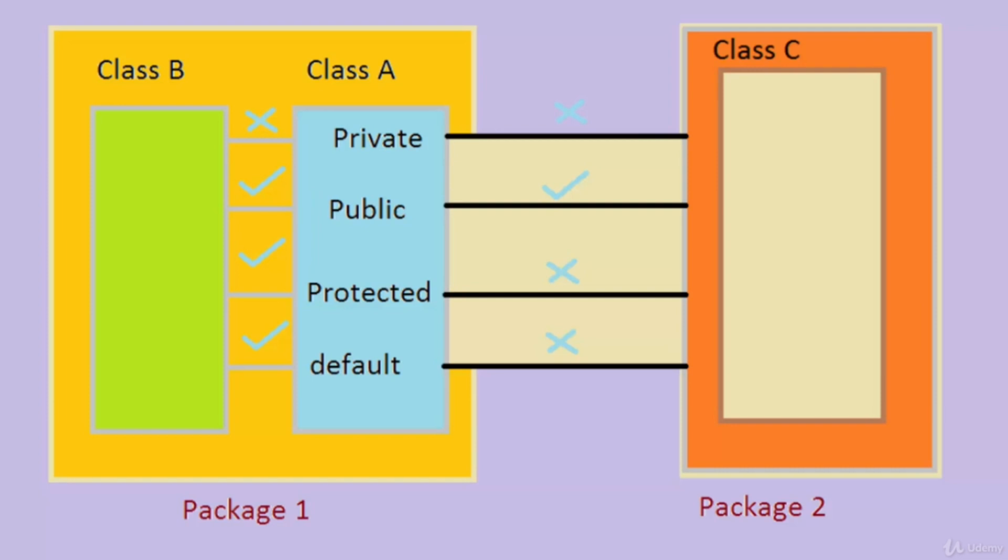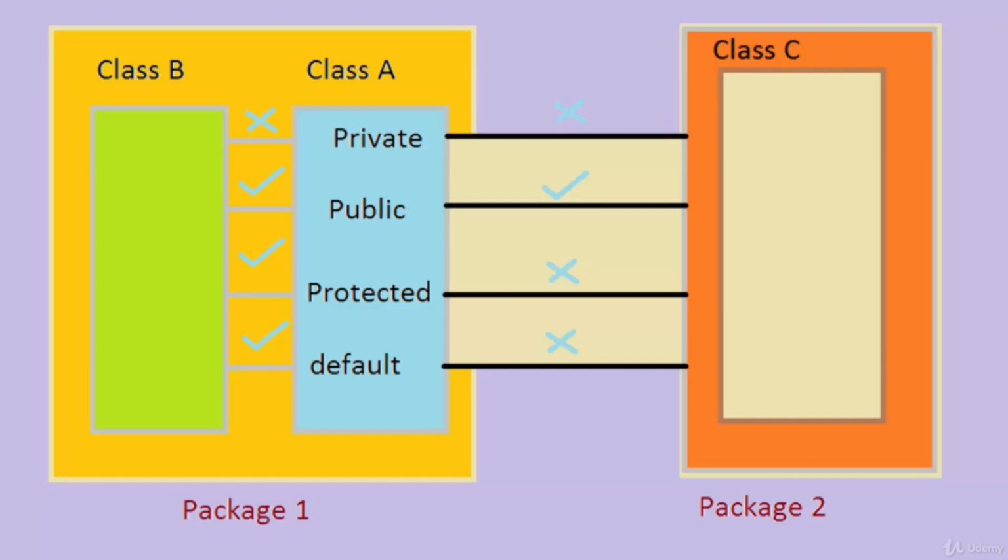Here you can see class A, class B and class C. We have two packages, where in class A we have private, public, protected and default.